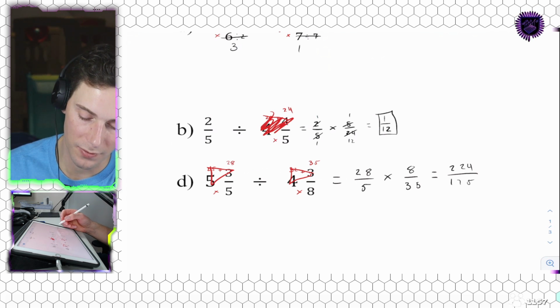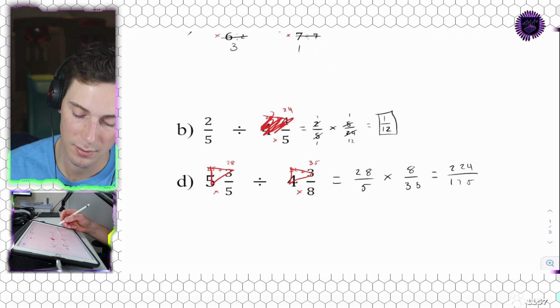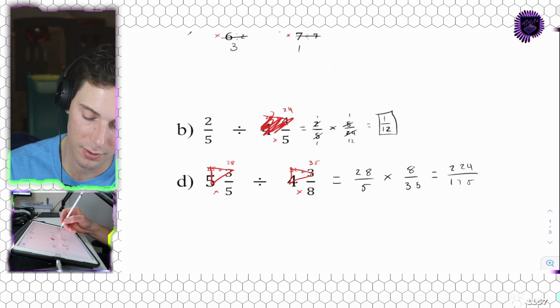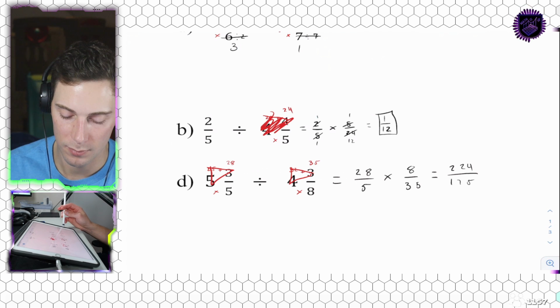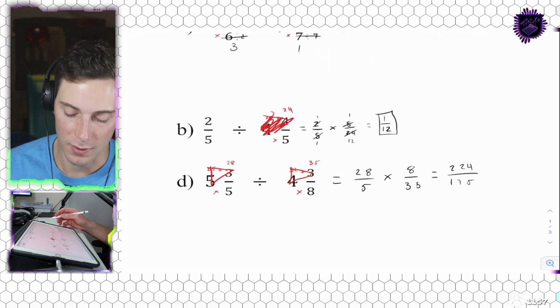Now both these are divisible by 3. But I'm going to try 2 first. No, it doesn't divide by 2. No, that's not divisible by 3.